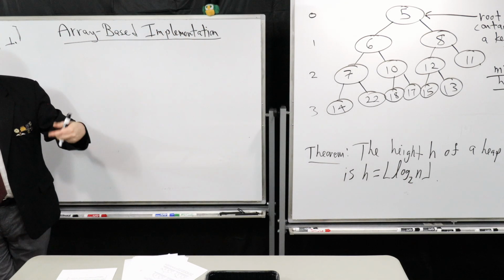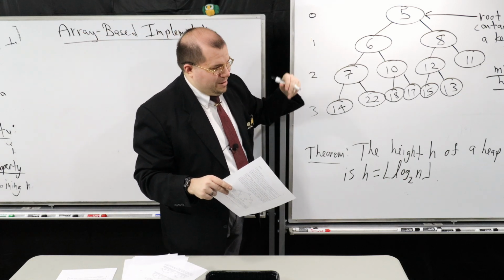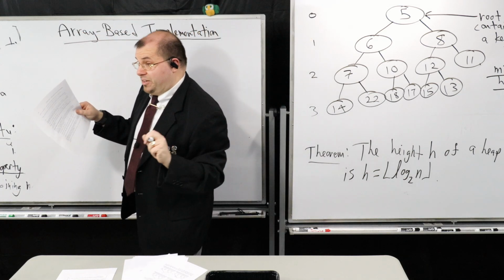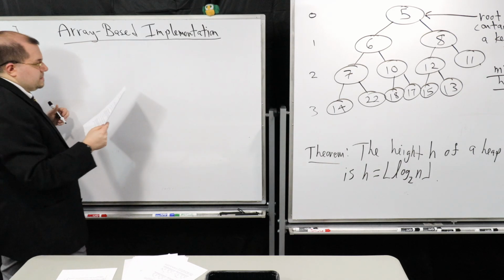You could augment all the operations I'm going to show you to directly manipulate one of these trees in a linked-based way, just like when you manipulate a binary search tree.